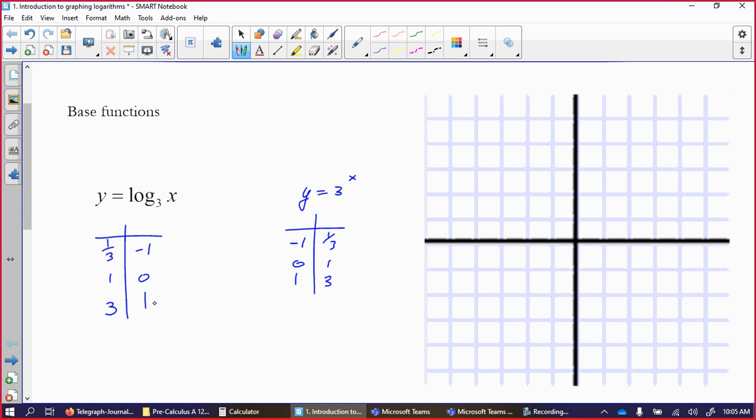Instead of putting in our x values, we can use our logic to say that the y values are always going to be -1, 0, and 1. What are the x? In this case, we have a third, 1, and 3.